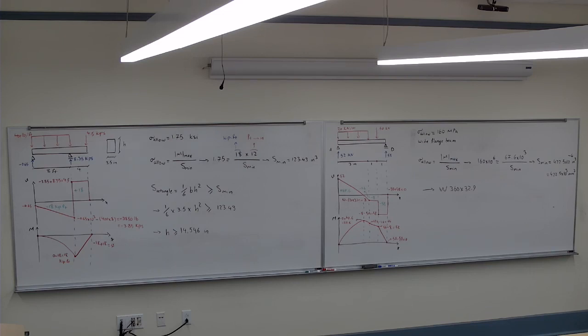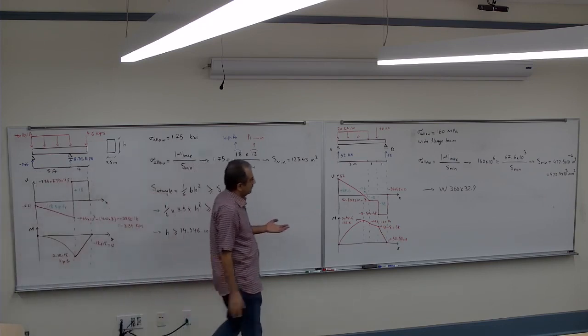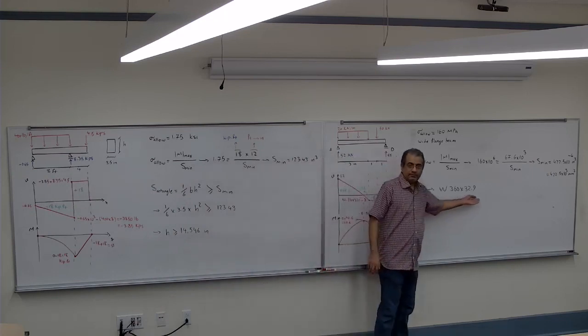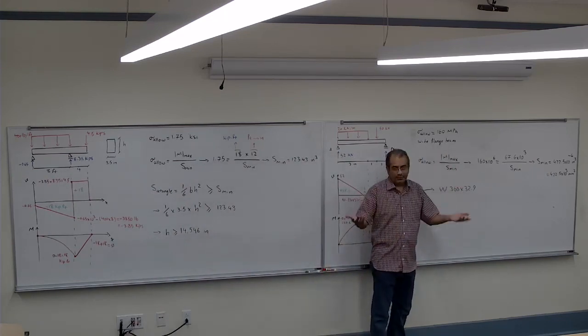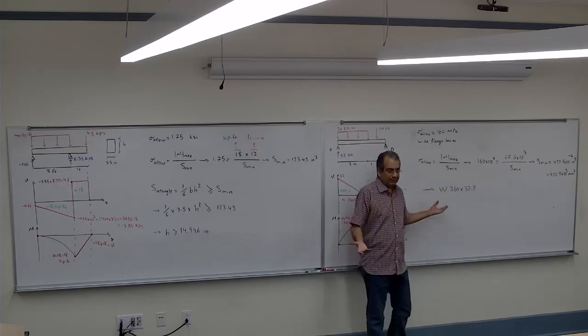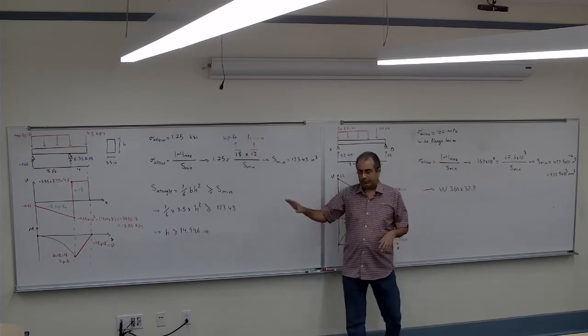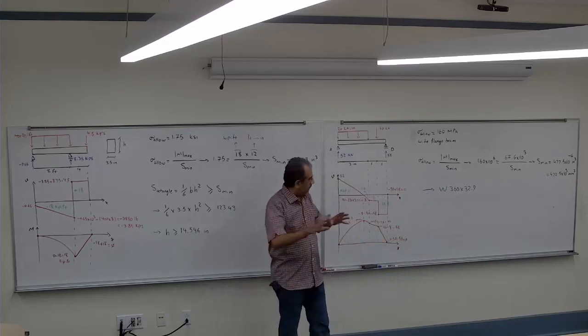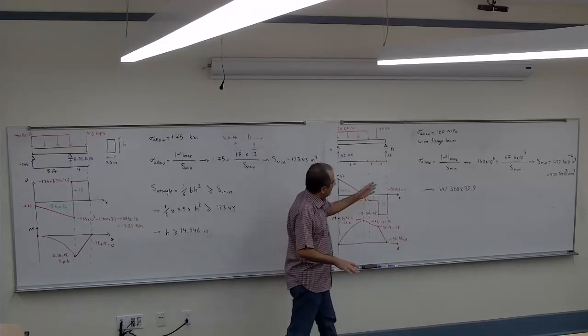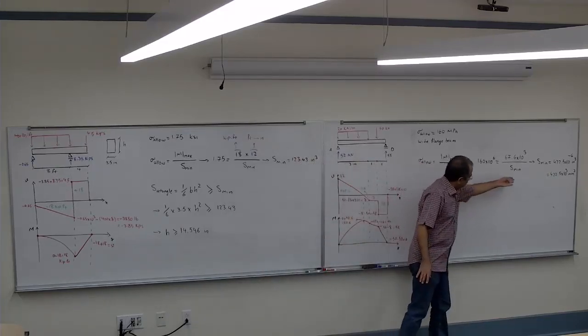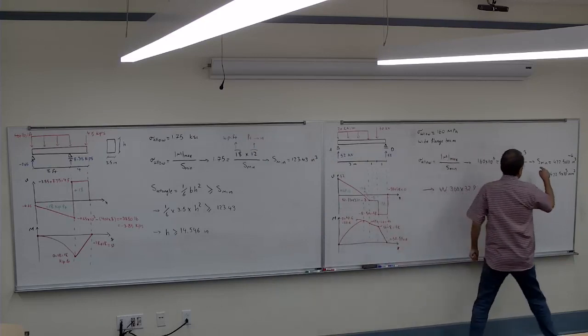Again, when we get to the design courses, they will go into detail on how you pick that, why you choose the I-beam, or why this type of material. This part is the important part of strength of materials, that you can find the minimum.